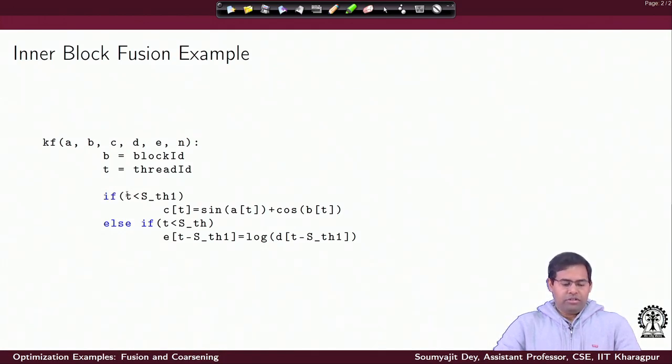We will check whether this local thread ID is less than the value STH1, that would mean that this thread is supposed to do the job for kernel 1. Otherwise, we will check whether it is inside the boundary of the total number of threads per block for the fused kernel, because if this is not satisfied, then either the value is out of bound or the value is for the second kernel's work activity, and accordingly the else if statement would fire.